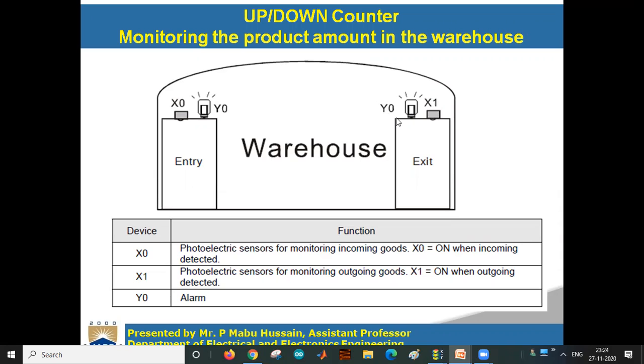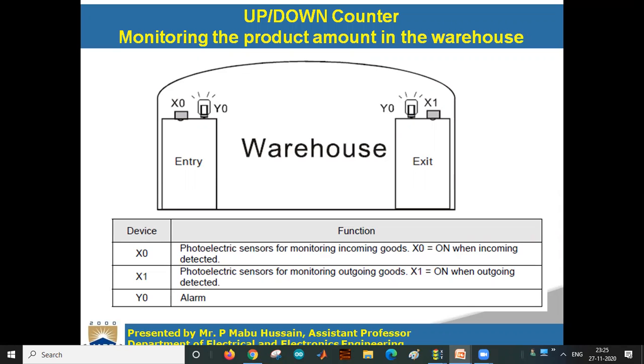Whenever a product comes into the warehouse, the sensor detects it and the counter value is incremented by 1, so the number of products increases by 1. Whenever a product leaves the warehouse, the sensor at the exit detects it and decrements the counter value by 1. This is how the up down counter works.